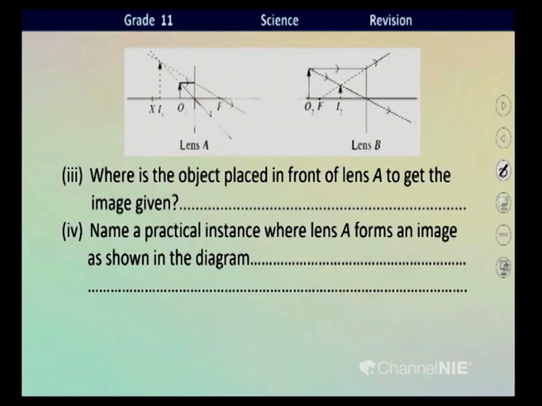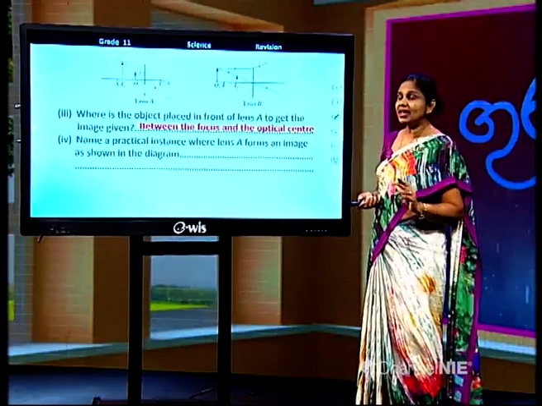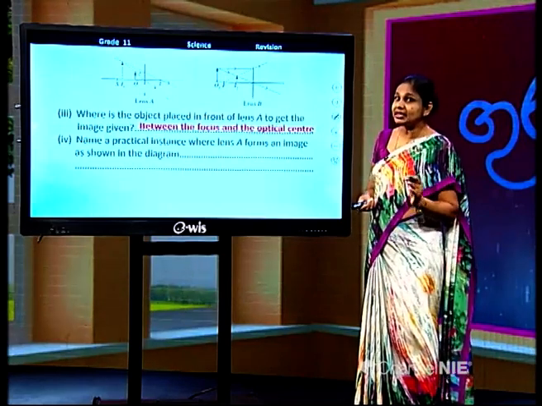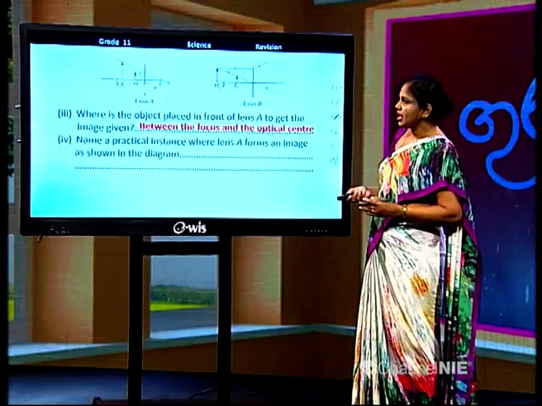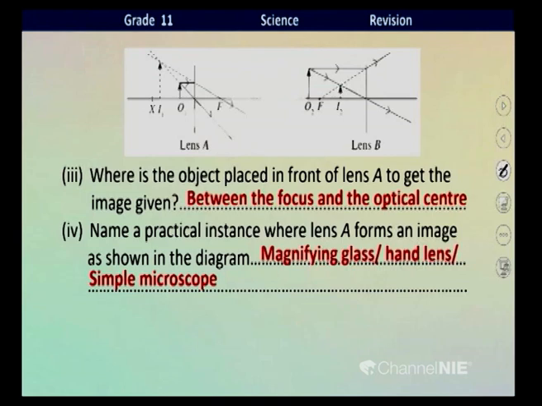Therefore, the object must be placed in between the focus and the optical center of the lens. Right, children? Then, name a practical instance where lens A forms an image as shown in the diagram. The practical instance is, as I told you at the start, the magnifying glass or hand lens, which is also called a simple microscope.